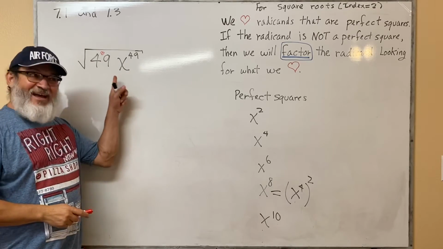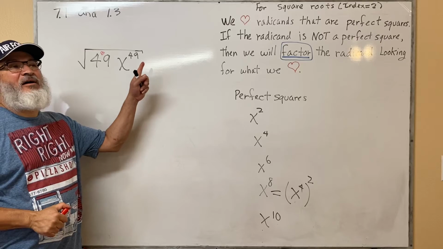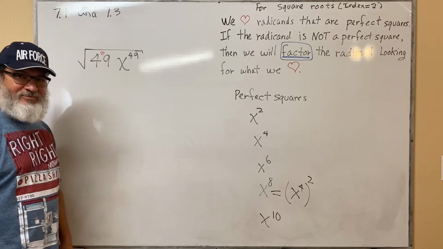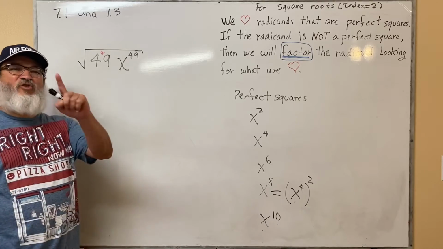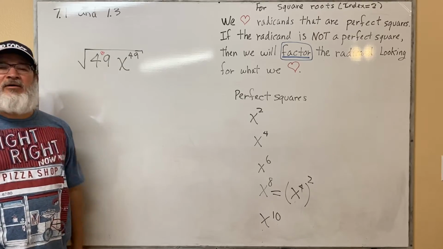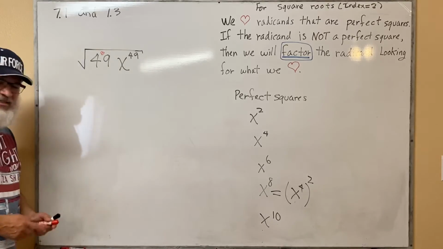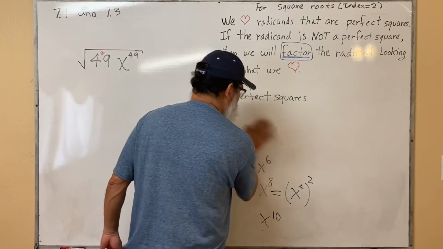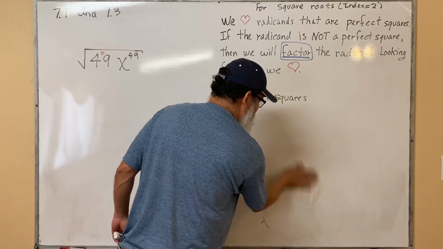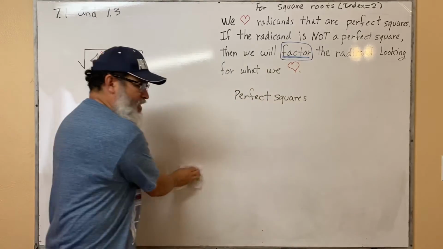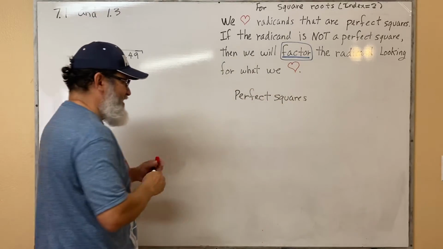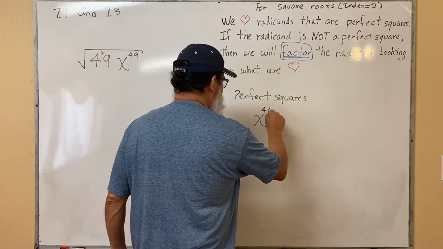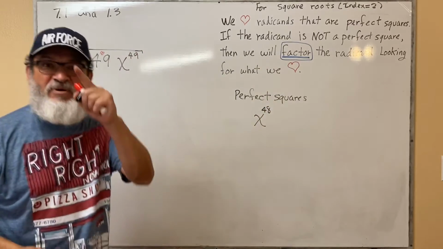Do I love x to the 49th? No, I don't. X to the 49th is not a perfect square. It isn't. Okay? X to the 49th is not a perfect square. Watch this. X to the 48th is a perfect square.